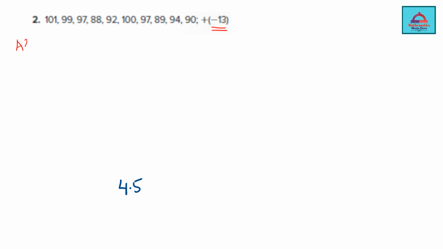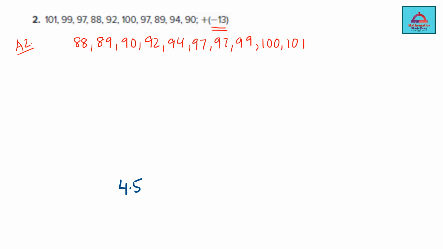Here arrange them in ascending order gives me 88 minimum, then 89, then 90, then 92, then 94, then 97, then 97, 99, 100, 101. Okay, so this is in ascending order from small to big.